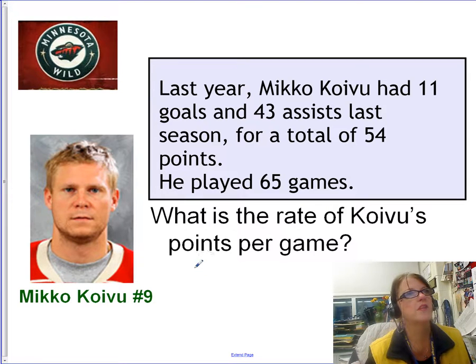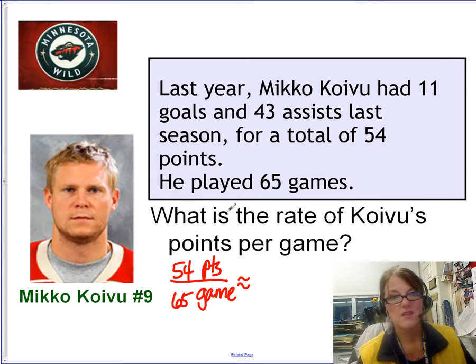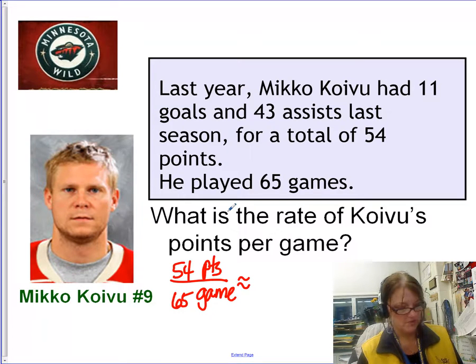Go ahead and grab your calculator. Points per game. So we're putting the points on top, the games on the bottom. It's always helpful to get your labels in the right spot. Points in the numerator, games in the denominator. You're going to end up with something close to 1. It's not going to be exactly 1. You're going to get a lovely decimal here.